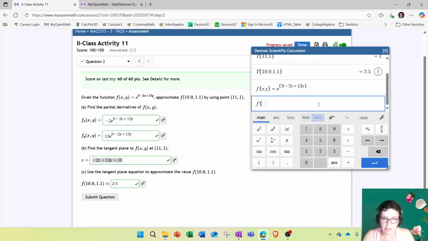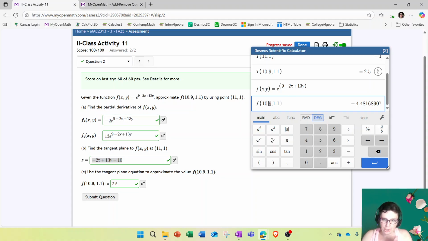I just want to, for the heck of it, plug in and see if it is close to what it is, and it is not even close. So this approximation really is bad, and I am not really sure why. I do not like it. So probably the problem is with the e function: if you go a little bit away from the value, it's not going to work, because the e function is really fast growing.